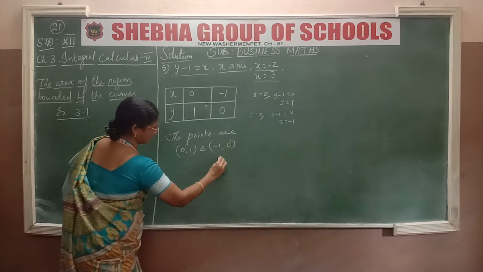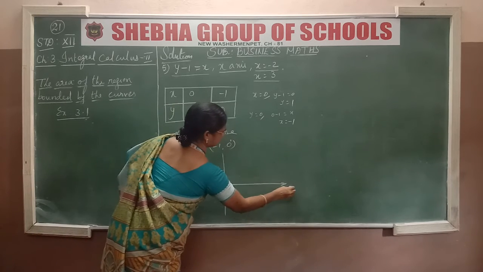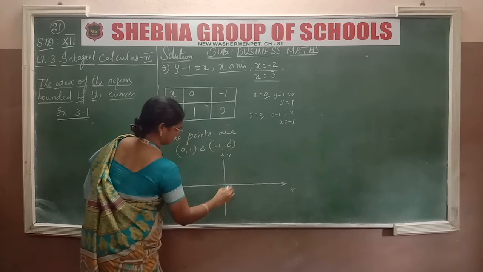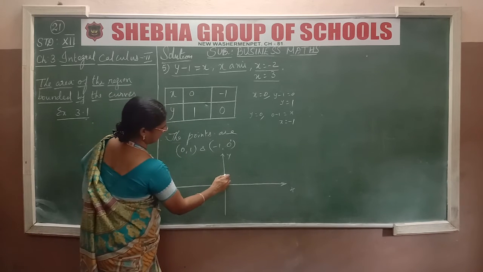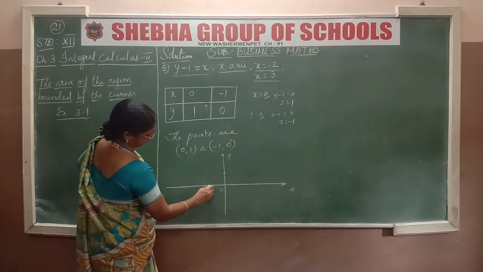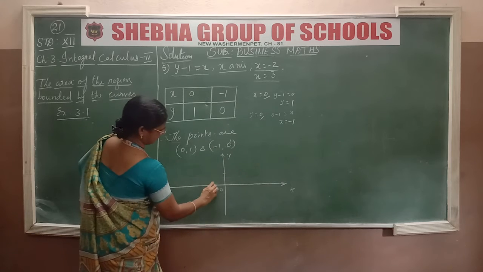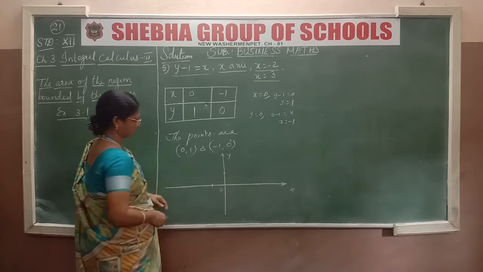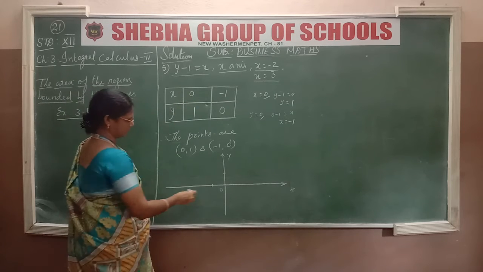Now draw the line. This is x-axis, y-axis, 0. This is 0, 1, that is here, and minus 1, 0. This is 0, 1 and minus 1, 0.